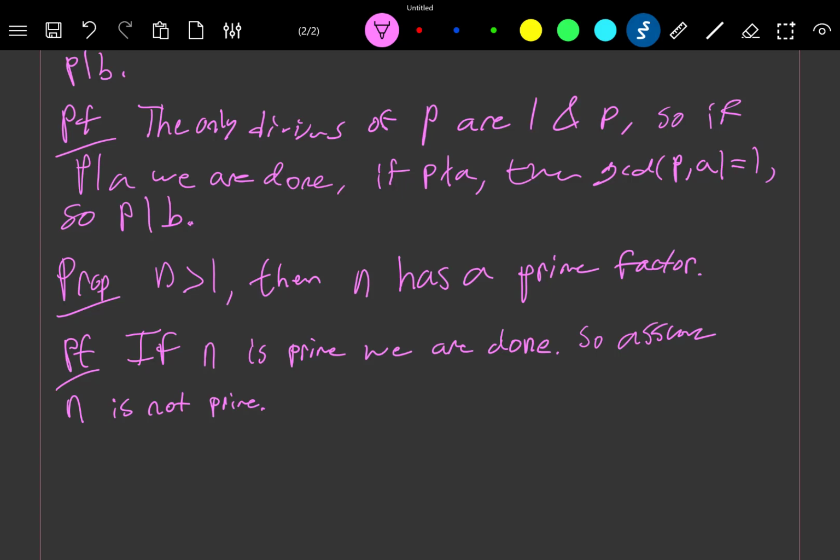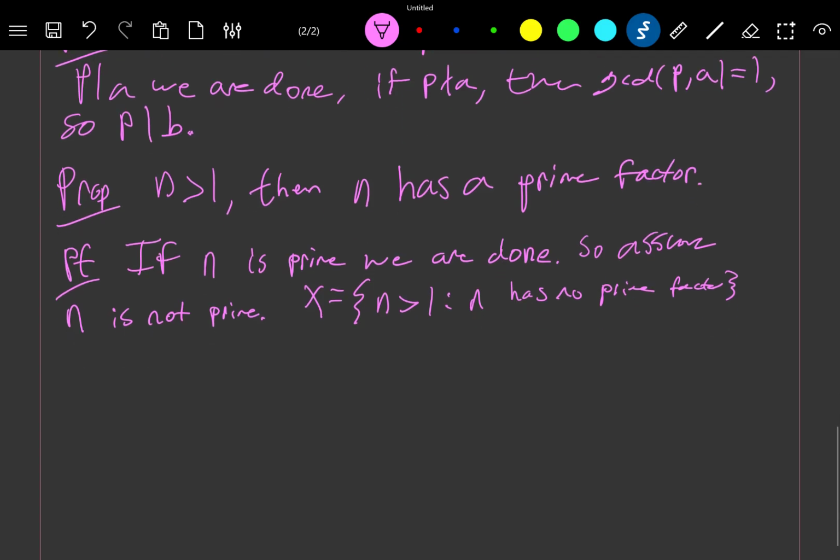So what we can do is we can say let X be the set of integers greater than 1 such that n has no prime factor. And we want to show that this set is empty. So let x be the smallest element.